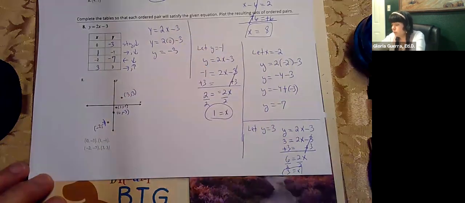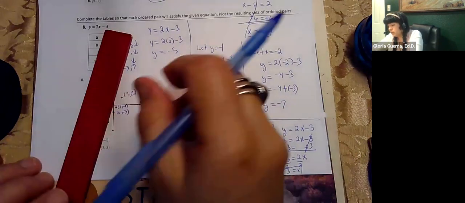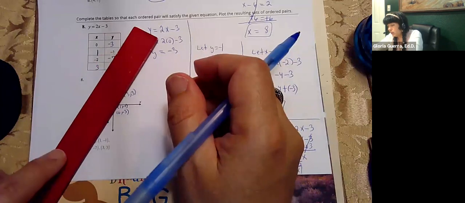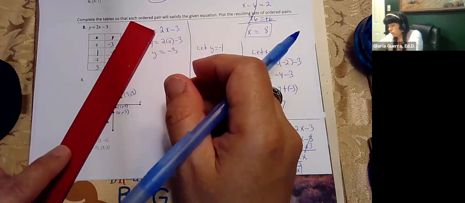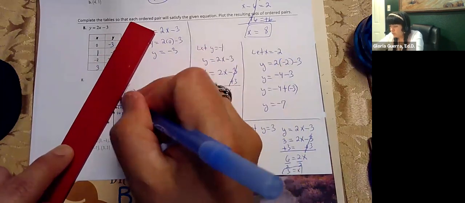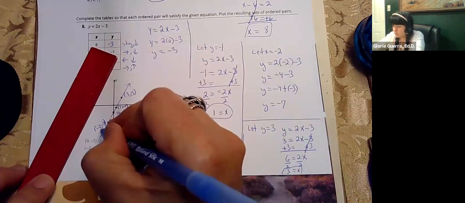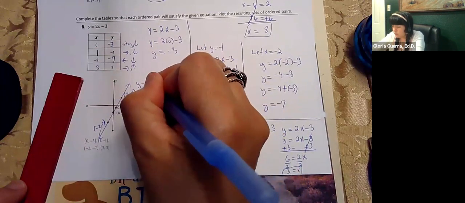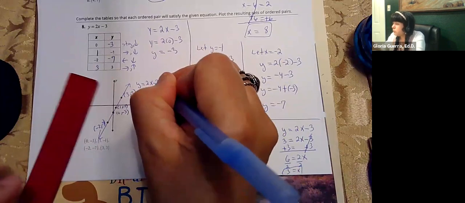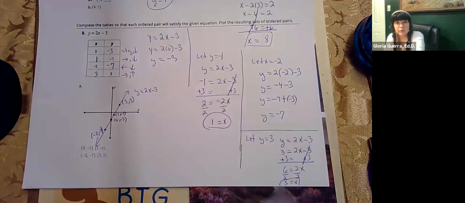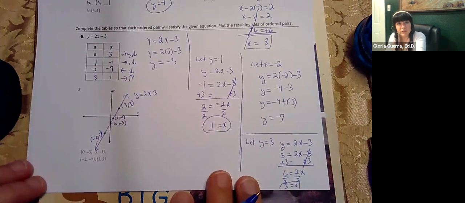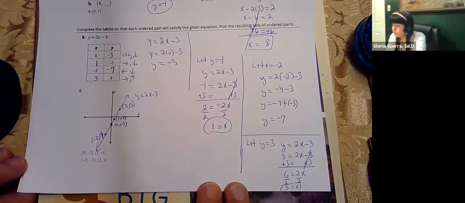And then when you're done, this is supposed to be the points for that line. And it should look pretty collinear. It's for y equals 2x minus 3. So here we're graphing using a table.